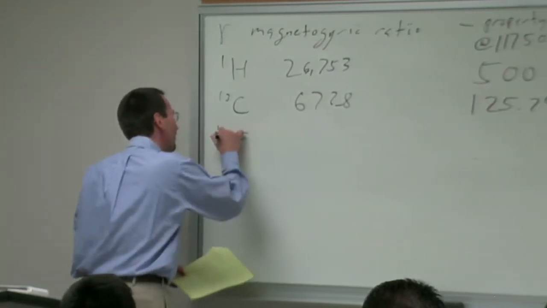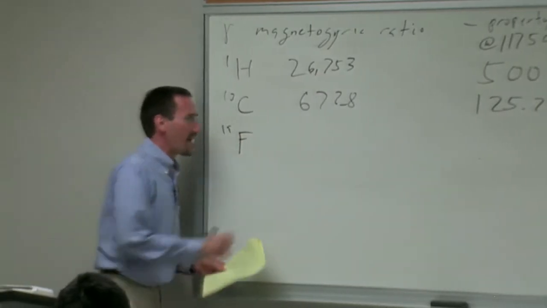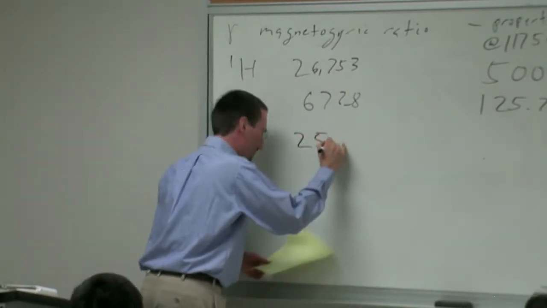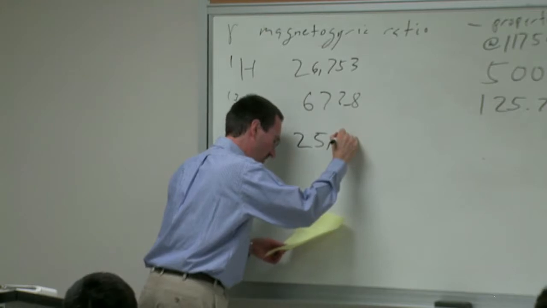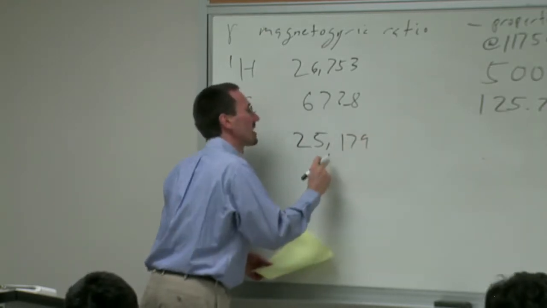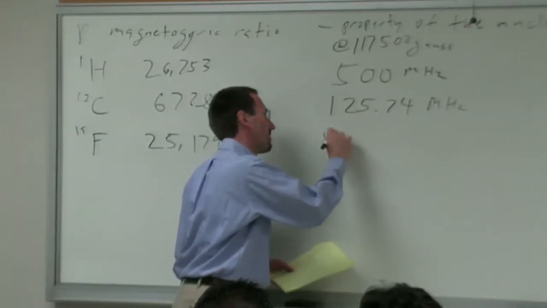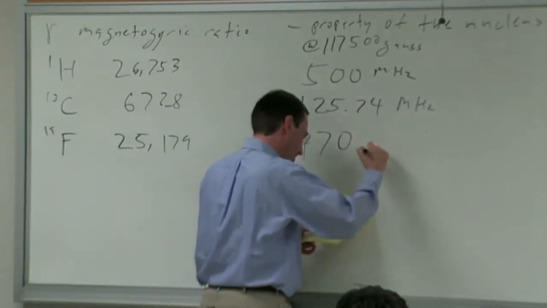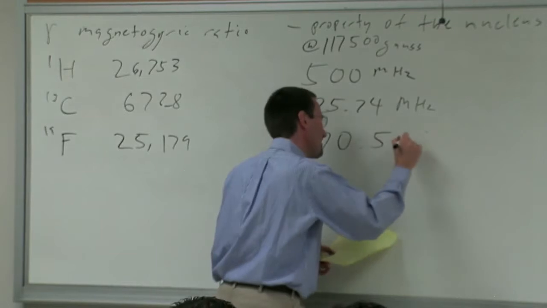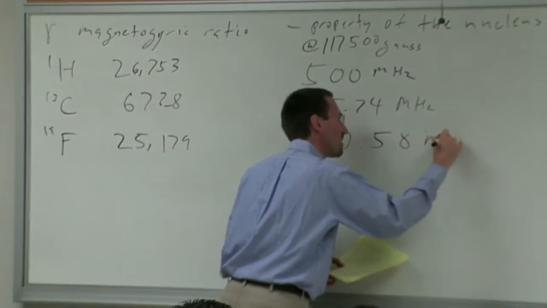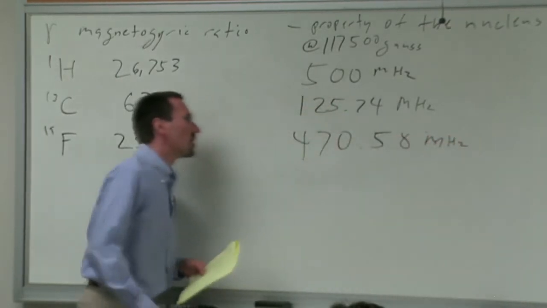All right. Fluorine-19 isn't so bad. Its magnetogyric ratio is 25,179. So that corresponds on the same spectrometer to 470.58 megahertz.